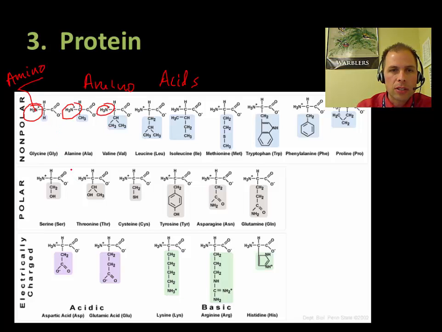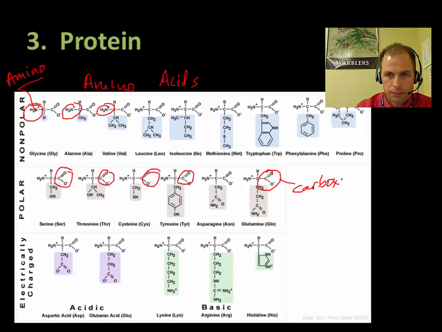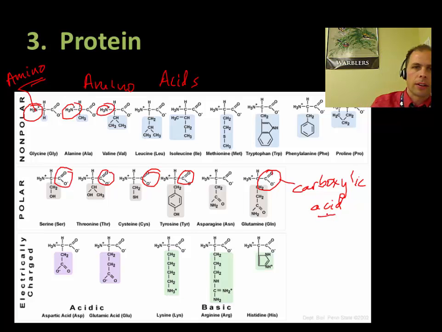And then in addition to that, you saw the similarity they all possess in this functional group coming off. This functional group, if you recall, is referred to as a carboxylic acid. And so if you put those two groups together, what we find is an amino acid. There you go. This is how we came up with the term amino acid.